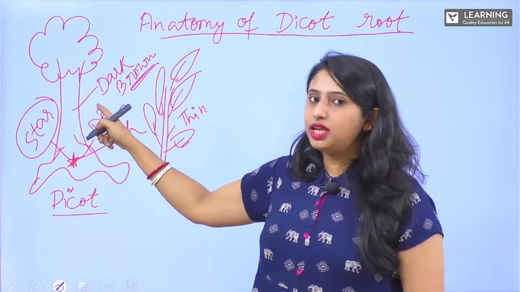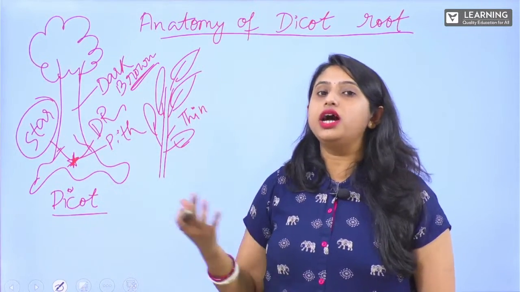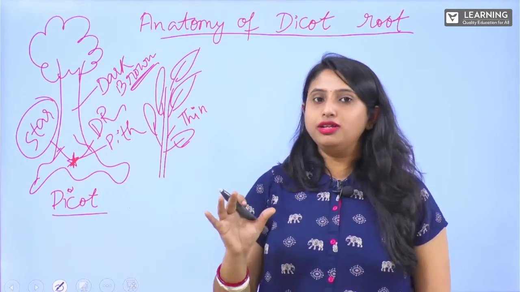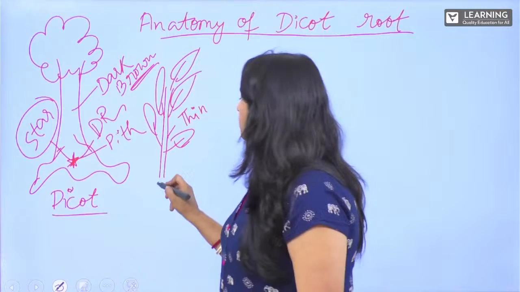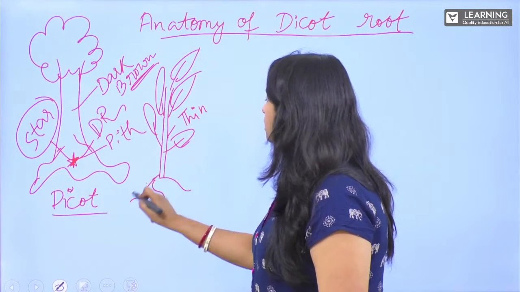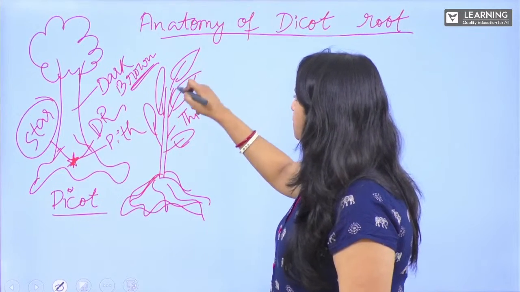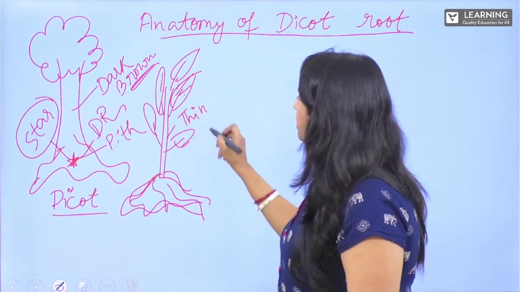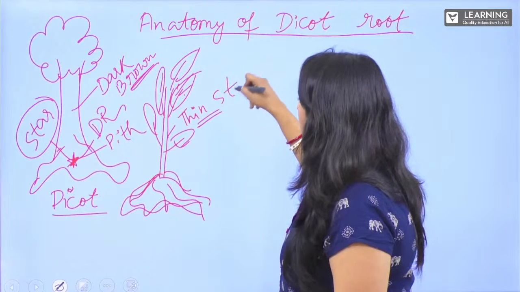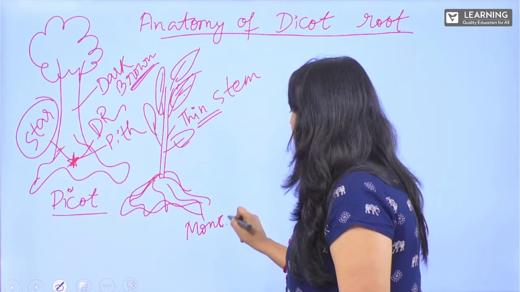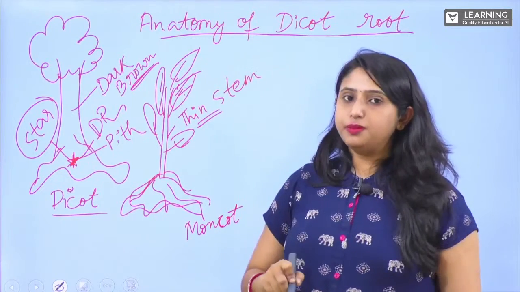As you can see, all the thick plants and the stems that are dark brown in color will be your dicotyledonous plants. Whereas those plants having the thin stem are your monocotyledonous plants.